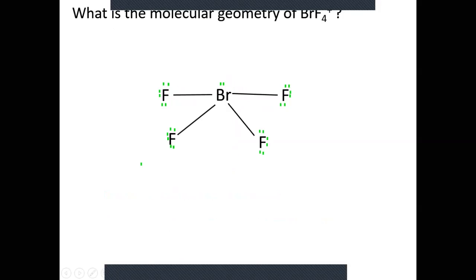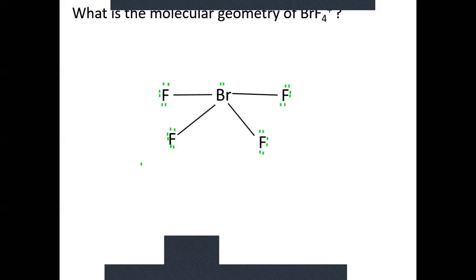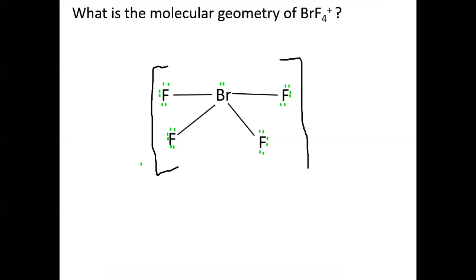We have BrF4 plus. What's its molecular geometry? Okay, so BrF4 plus, we have 1 lone pair on the central atom and 4 bonding pairs.